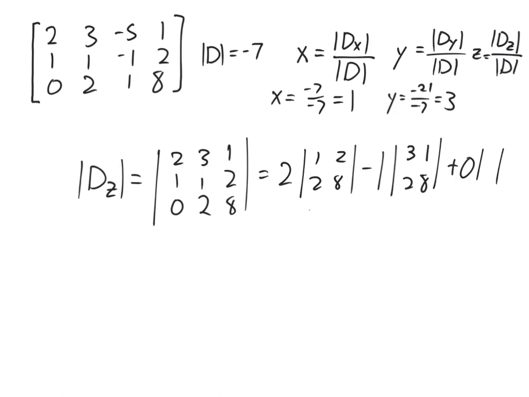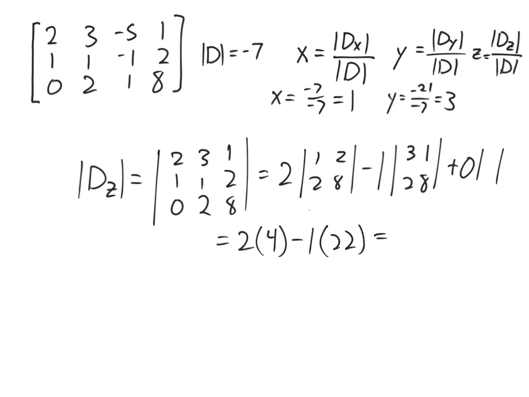So this is going to equal 2 multiplied by 8 minus 4, which is 4, minus 1 times 3 times 8, which is 24, minus 2, so that's 22.